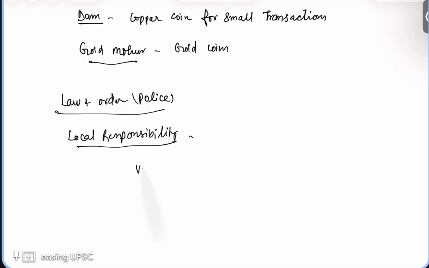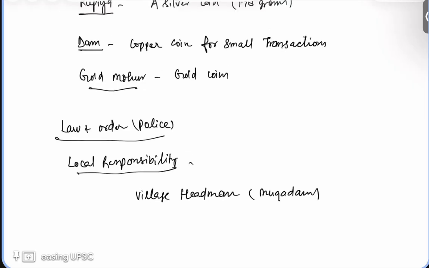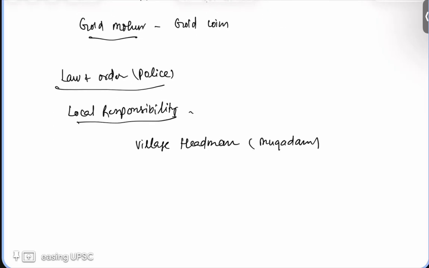Who was the village headman? Mukaddam. Not that military officer. He was held responsible to either catch the culprit or compensate the victim. This drastically reduced crime.